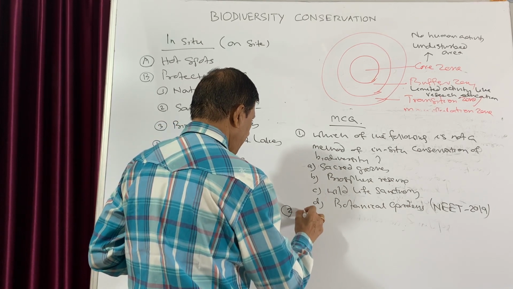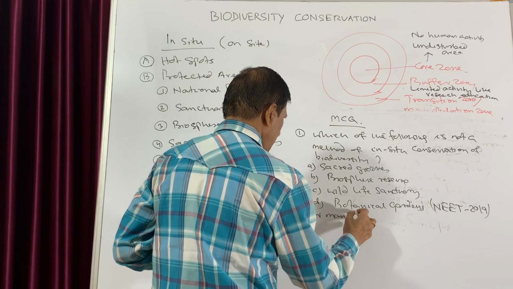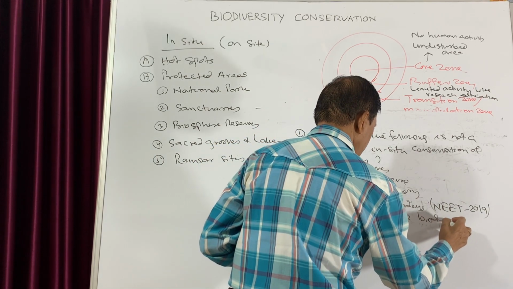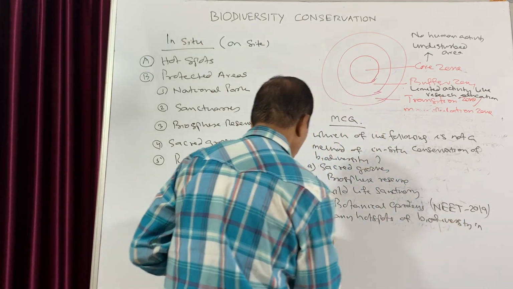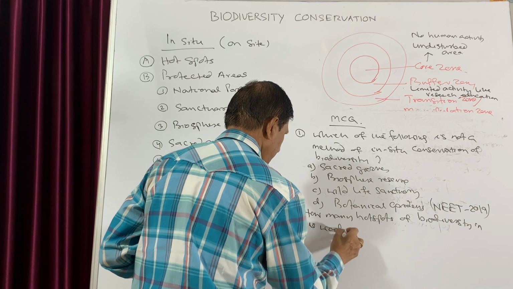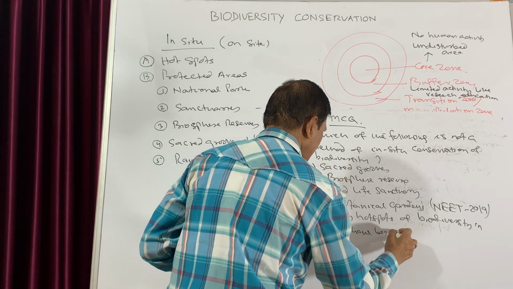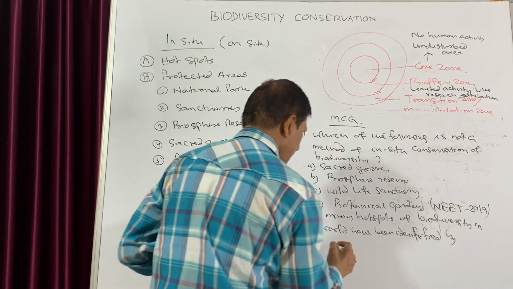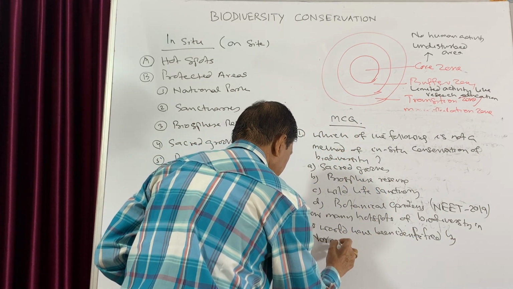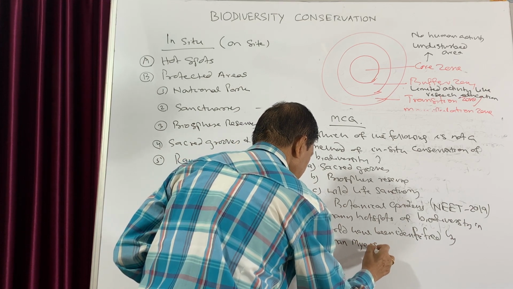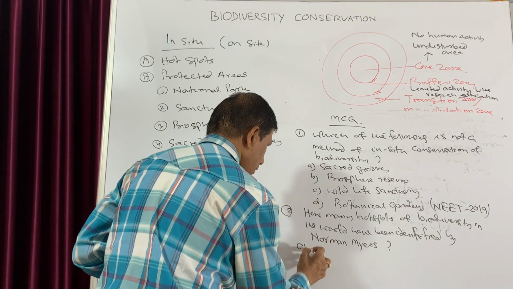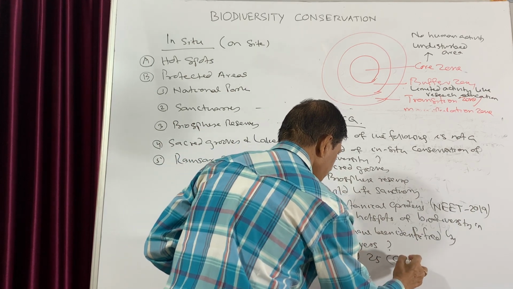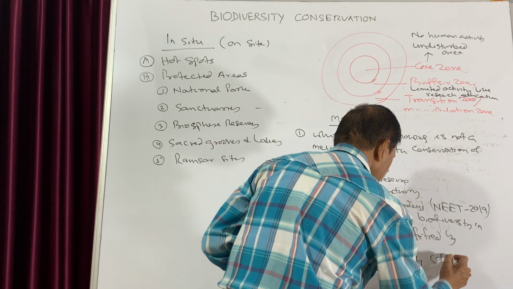Now let us take the second question. The second question is: how many hotspots of biodiversity in the world have been identified by Norman Myers? The first choice is 17, the second choice is 25, the third choice is 34, and the fourth choice is 43.